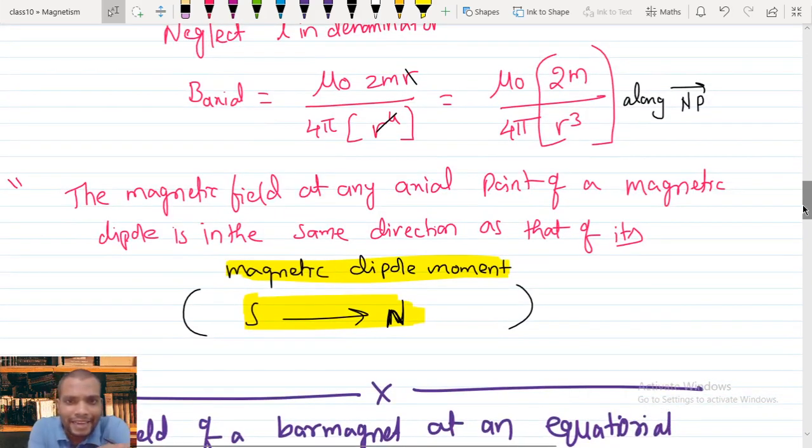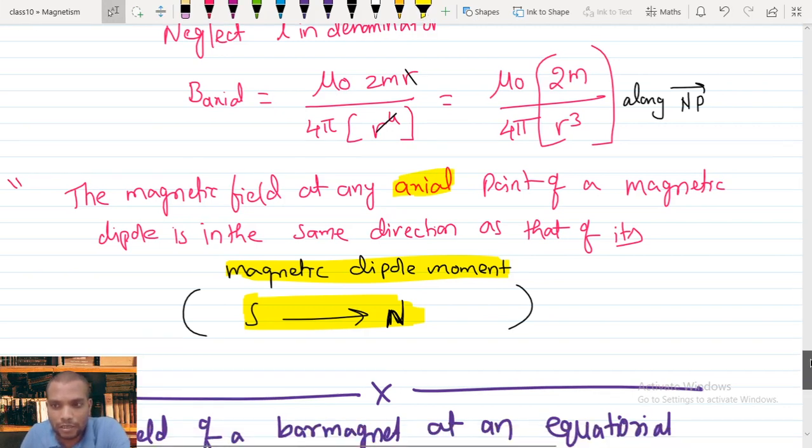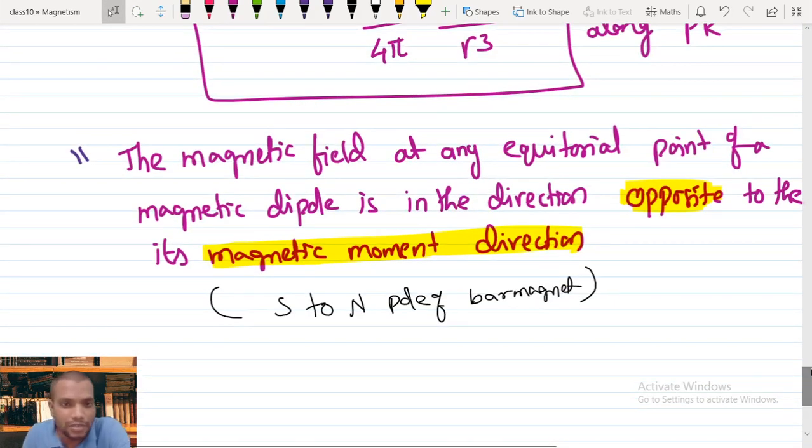The magnetic field at any axial point, sorry, I mixed up. The magnetic field at any axial point of a magnetic dipole is in the same direction as that of its magnetic dipole moment. If it is the axial point, it is in the same direction as the magnetic dipole moment. But at an equatorial point, it is opposite to the direction of magnetic moment.